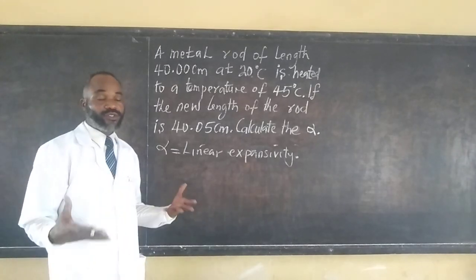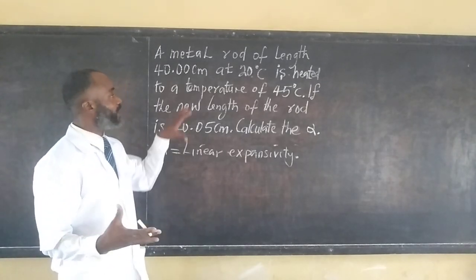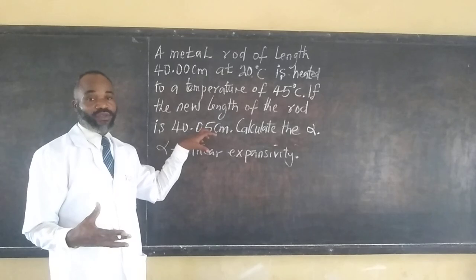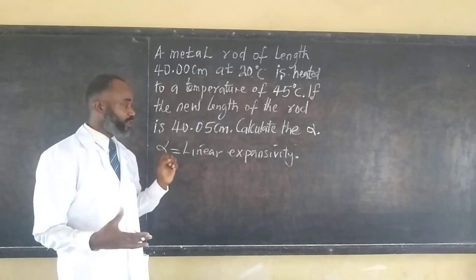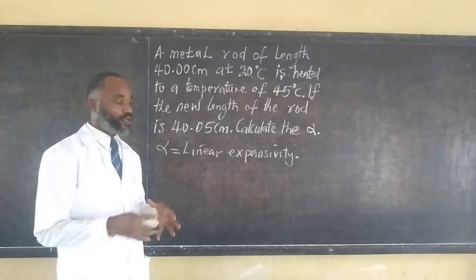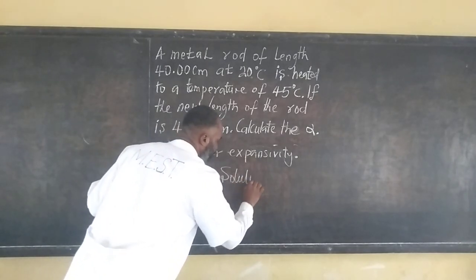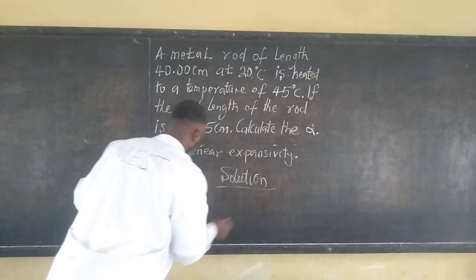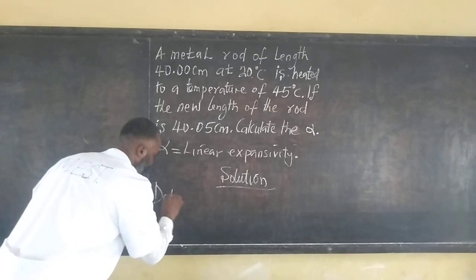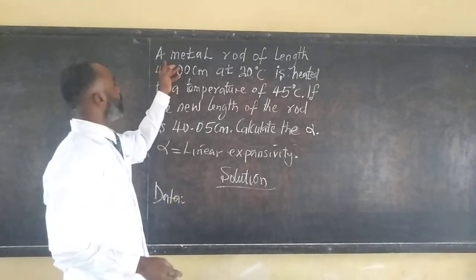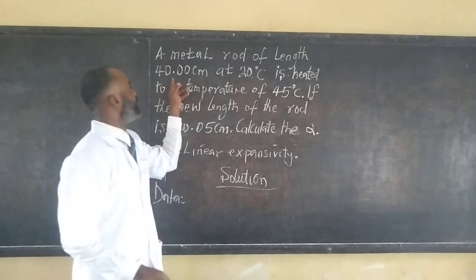Alright, so what we need to do here is, first of all, bring out the information or data contained in the question. So we start by writing down our solution. The data is very simple. A metal rod of length, so initial length.